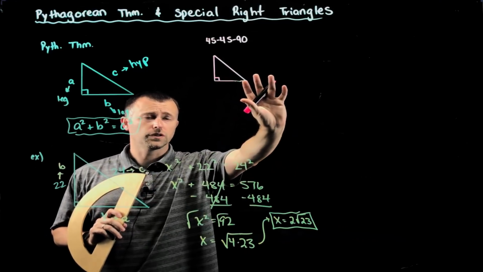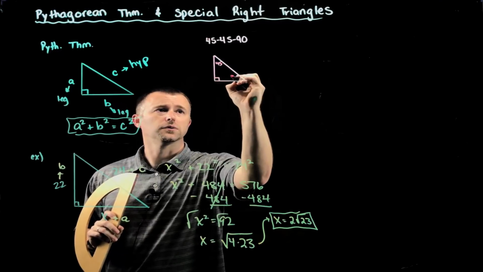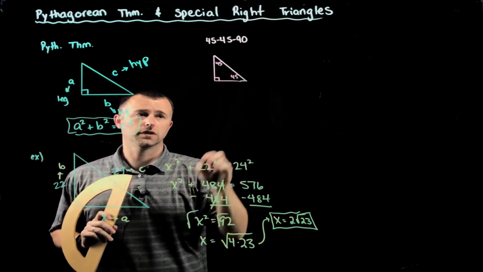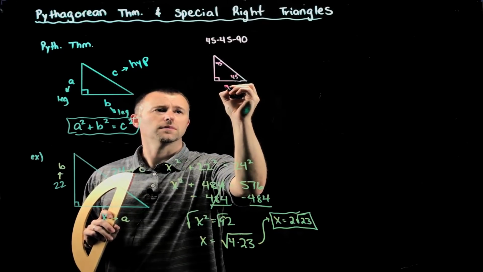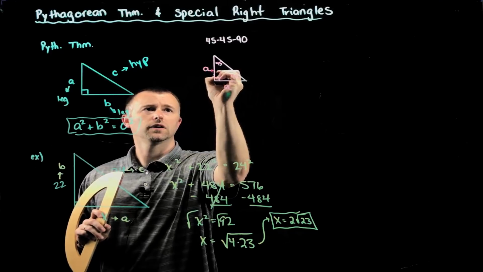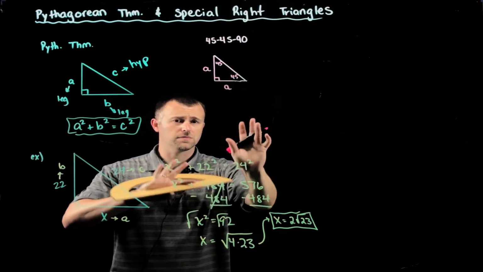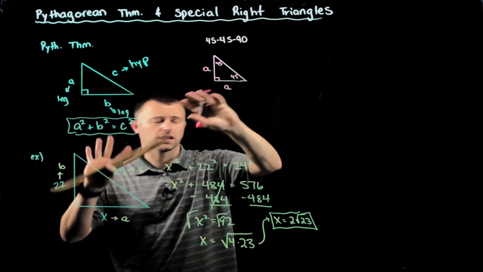So with a 45, 45, 90 triangle, these angles are both 45 degrees, so these two sides are equal in length. We'll call them, and I won't use x, let's use A and A. I don't like to use x because usually in a problem the variable is called x, and it might get confusing because that x might not mean this x.